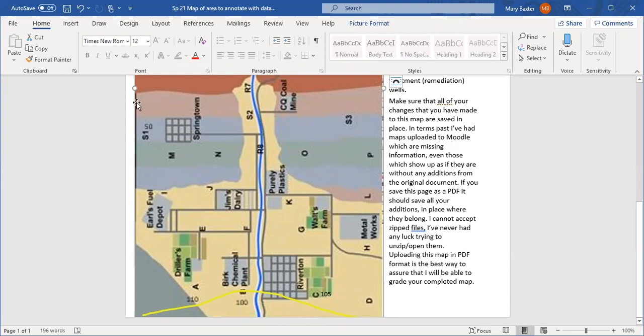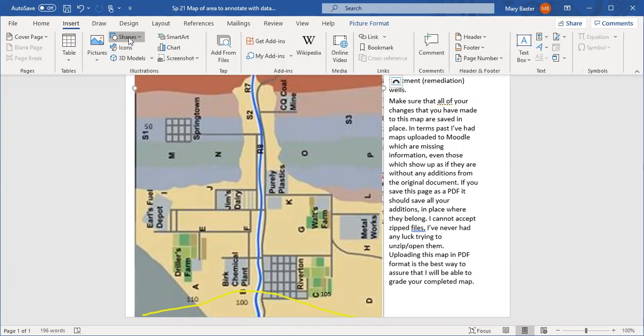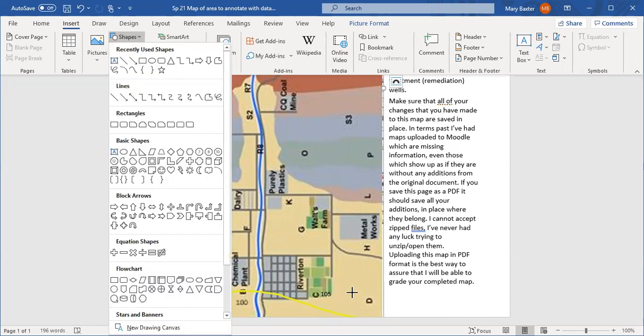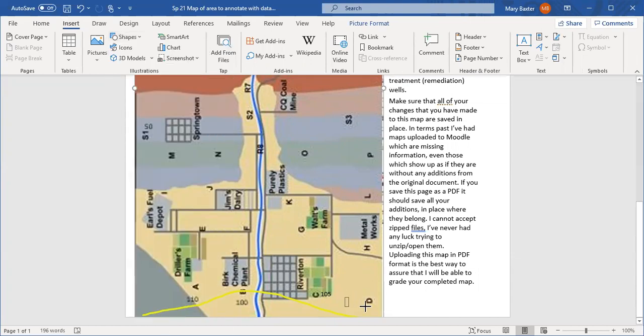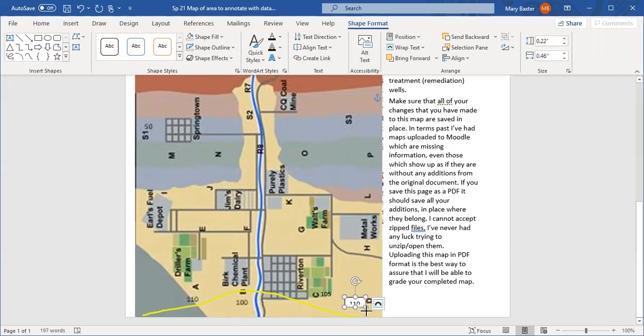And then D was 110, right? So again, insert shapes, text box. It's amazing how much space around the number it actually needs to be happy. Shape fill, no fill, shape outline, no outline.